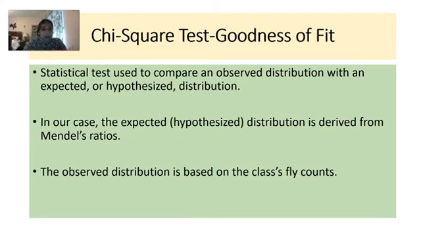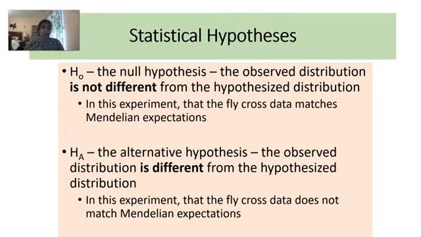And then we can look at how close we got and if we were in that window, which would be expected. In our case, our expected distribution would be derived from Mendel's ratio, so that 3-to-1 expectation. And we are going to do that by observing the distribution based on a whole class's fly count or whole experiment's fly count. So multiple crosses, not just a single one.